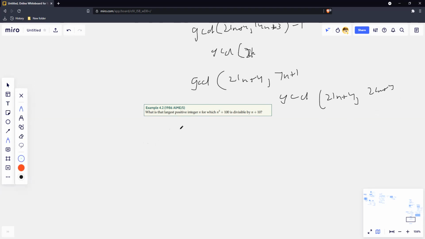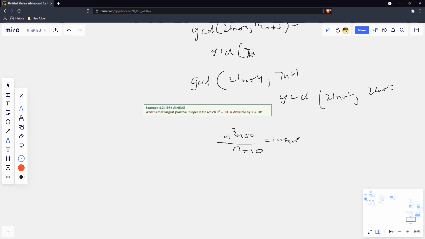Okay, what is the largest positive integer n for which n cubed plus 100 is divisible by n plus 10? So we're finding the largest positive integer such that this is still an integer.